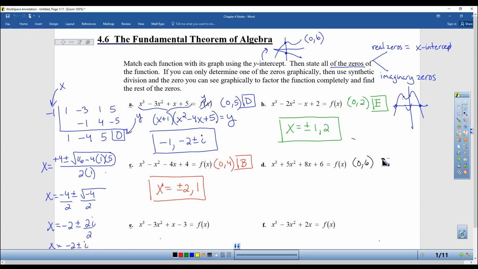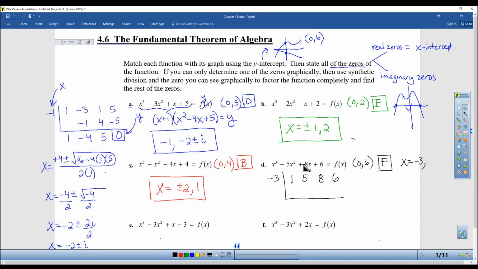So I'm looking at letter F on my graph. I know for you it's all on one page, which is fantastic. And I have -3 as one of the zeros. And to find the other ones, which will be imaginary, I'm going to put a -3 in my synthetic. So I do -3, and then I put in the 1, the 5, the 8, and the 6.